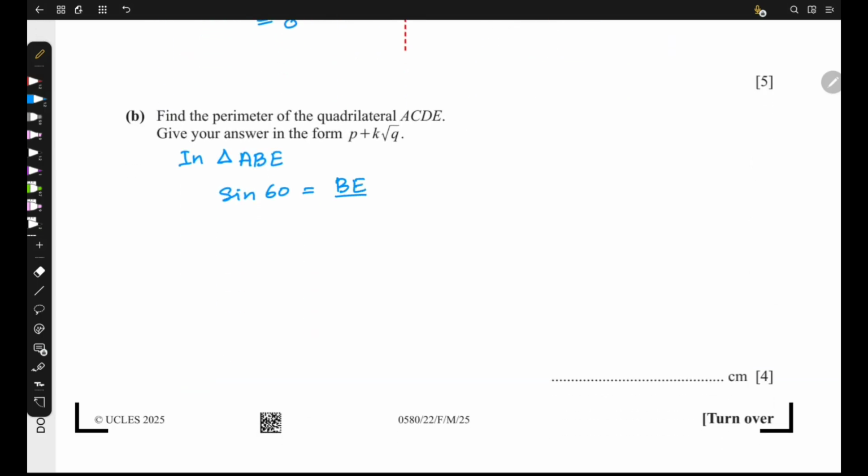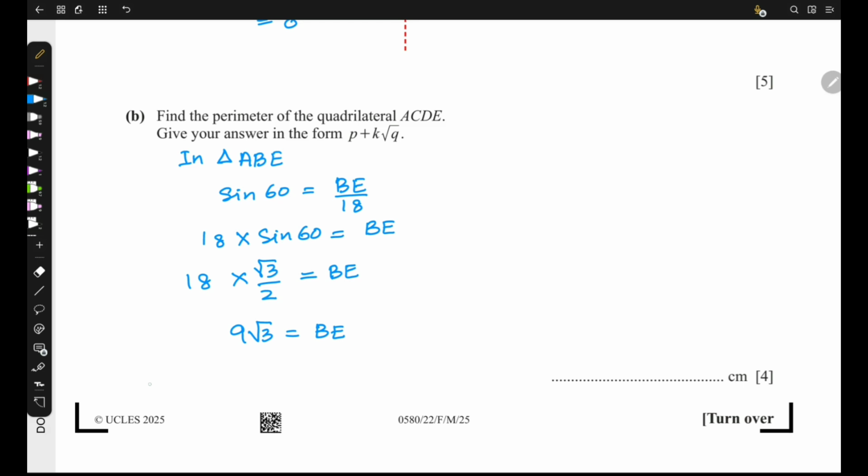So BE over 18, and you get 18 times sine 60 equals BE. Now sine 60 is root 3 by 2. You have to memorize these values. So you will get 9 times square root of 3 is BE.